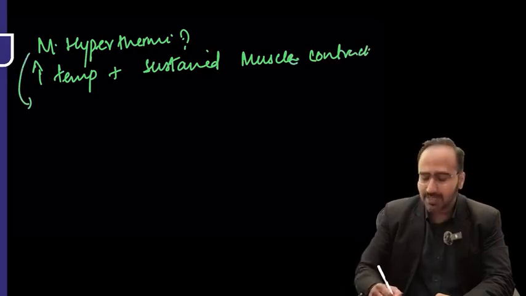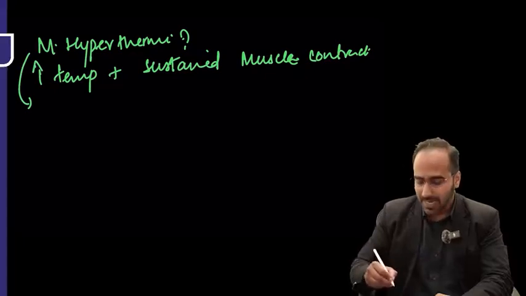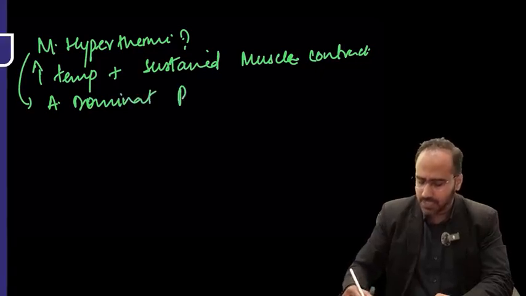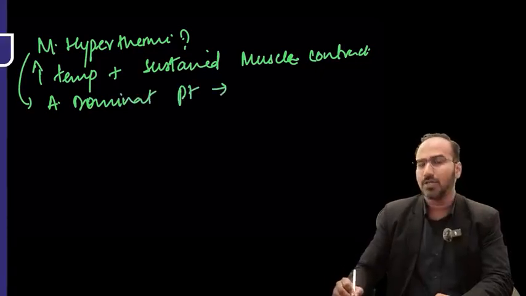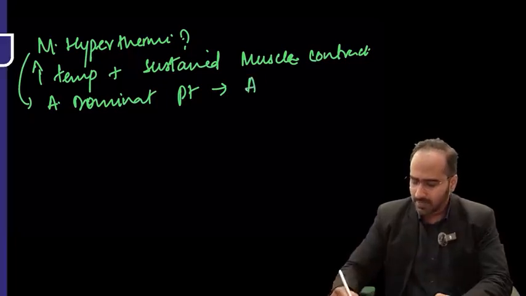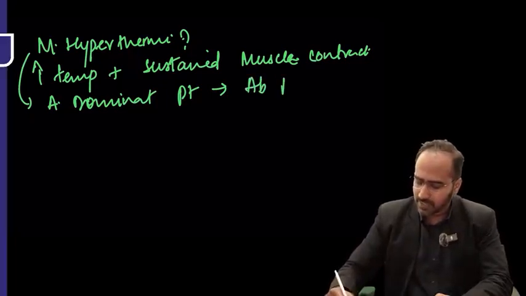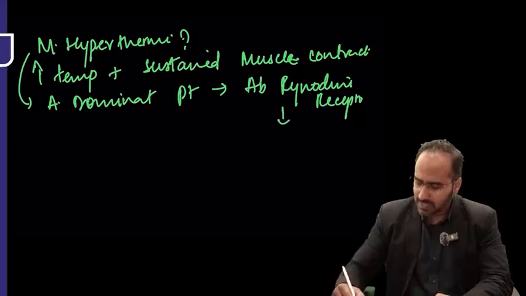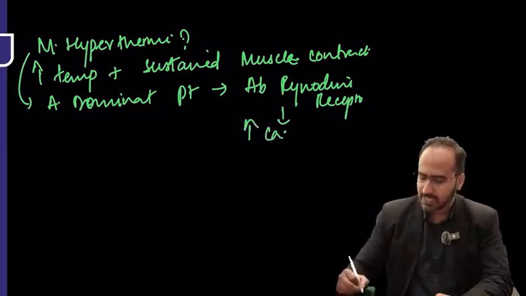This malignant hyperthermia is seen due to what? It is seen commonly in autosomal dominant patients, where due to triggering of the abnormal ryanodine receptor, you will see release of calcium.